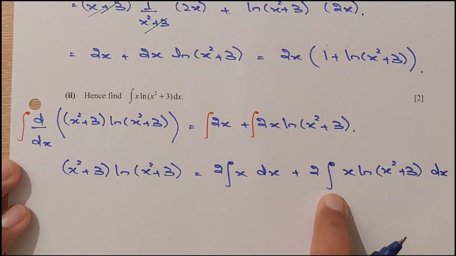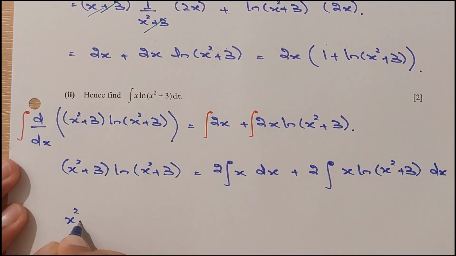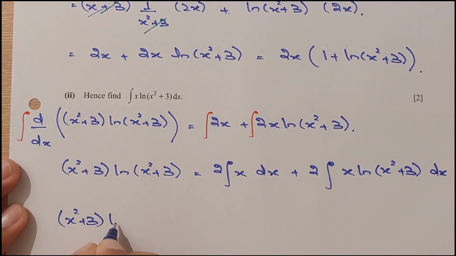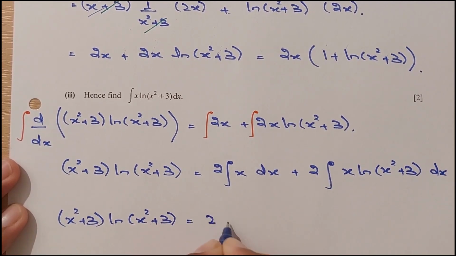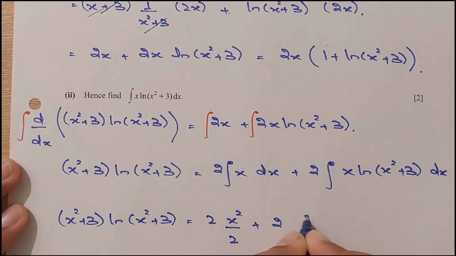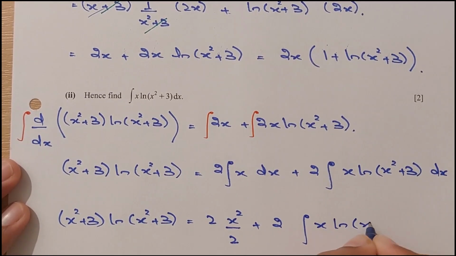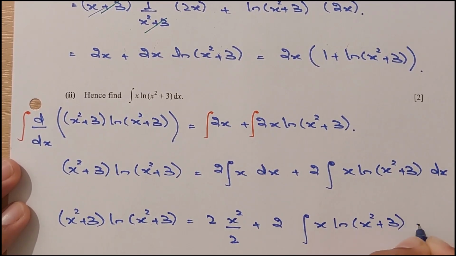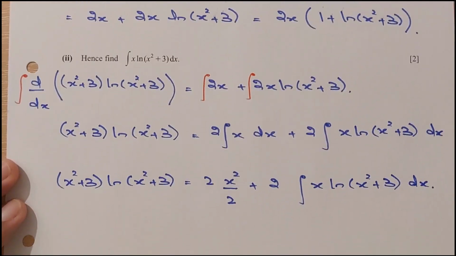Okay, so we can say this is (x square plus 3) natural log of (x square plus 3) equals 2 times the integration of x, which is x square by 2, plus 2 integration of x ln of x square plus 3 dx, right?